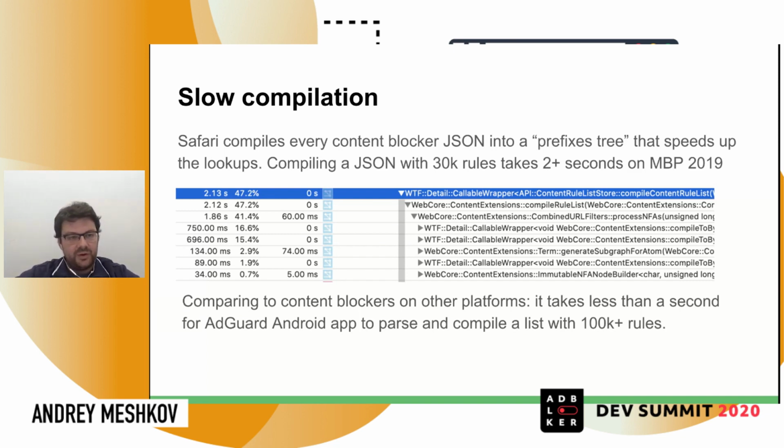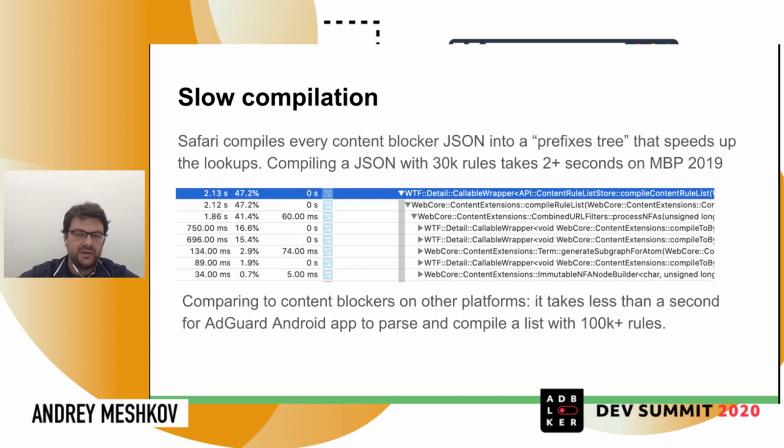For example, you can see on this slide the output from the profiler. It takes over 2 seconds on a new MacBook Pro to compile a JSON with just a little over 30K rules. And this is slow compared to content blockers on other platforms.